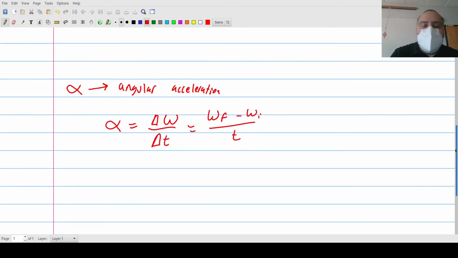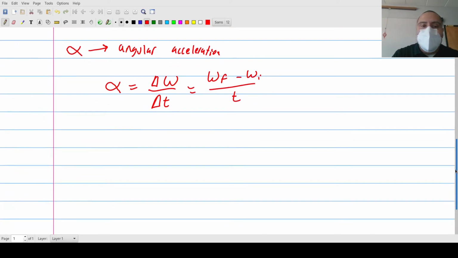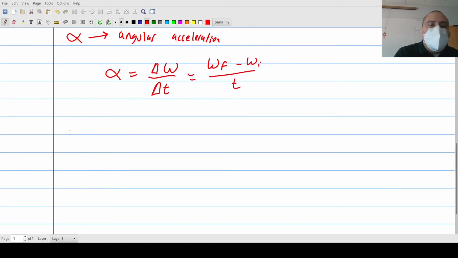So a lot of times we'll do it using either of these ways of expressing the change in omega. Sometimes if we're given the initial and the final, we'll plug those straight into the right side of this equation. If we're given the change, we'll plug that right into the middle of the equation, and we'll figure out what the angular acceleration is. So take for instance, let's say a wheel starts from a stop.